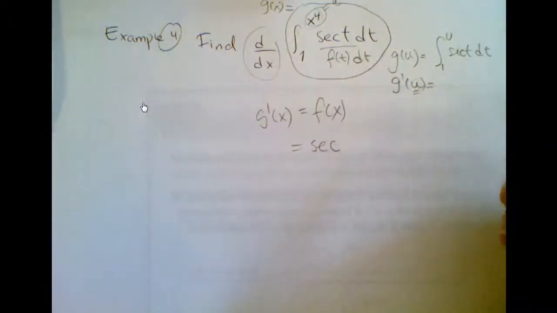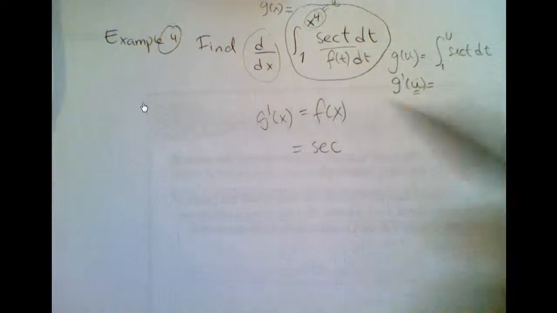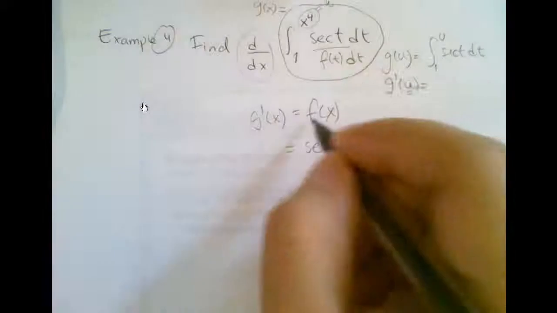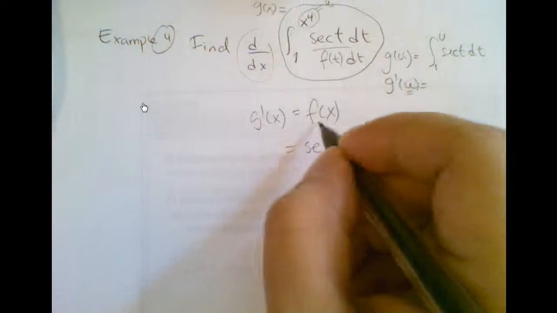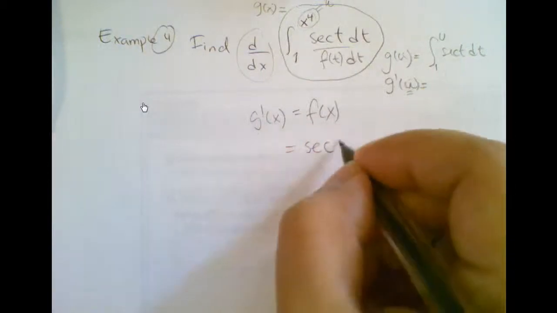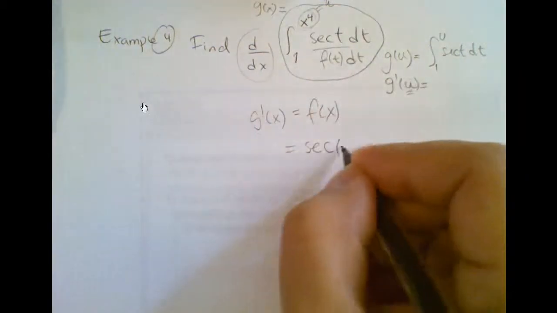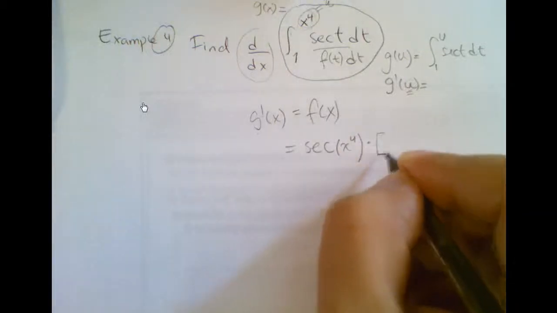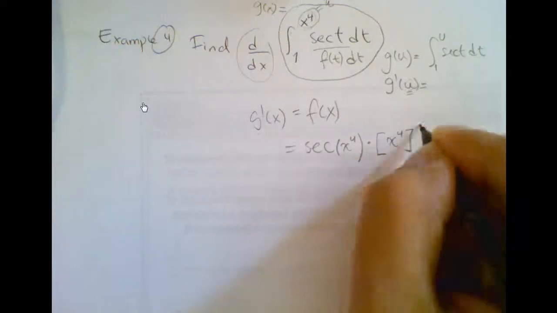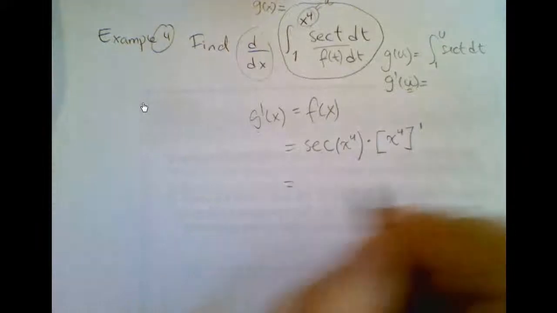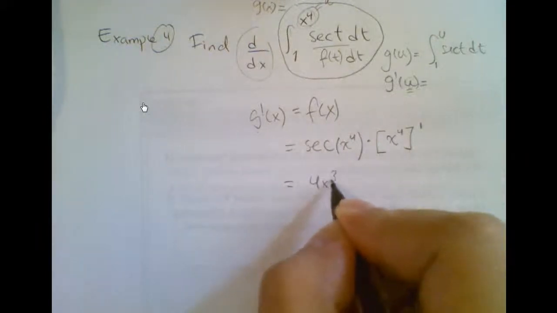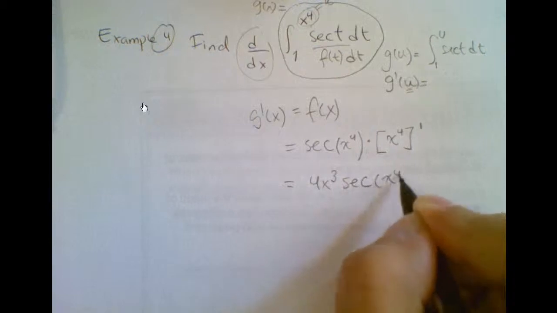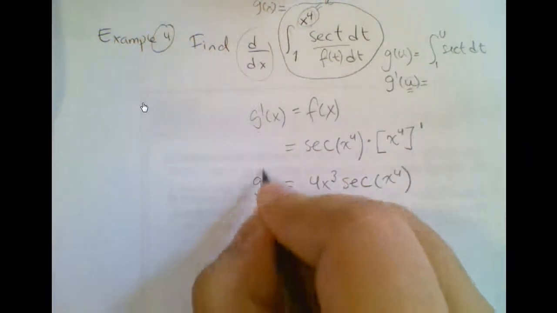So we know that we have to apply the chain rule. The derivative of g would be f evaluated at x to the 4th, and then I just have to multiply that by the derivative of x to the 4th, which is 4x cubed. So this will be 4x cubed times secant of x to the 4th.